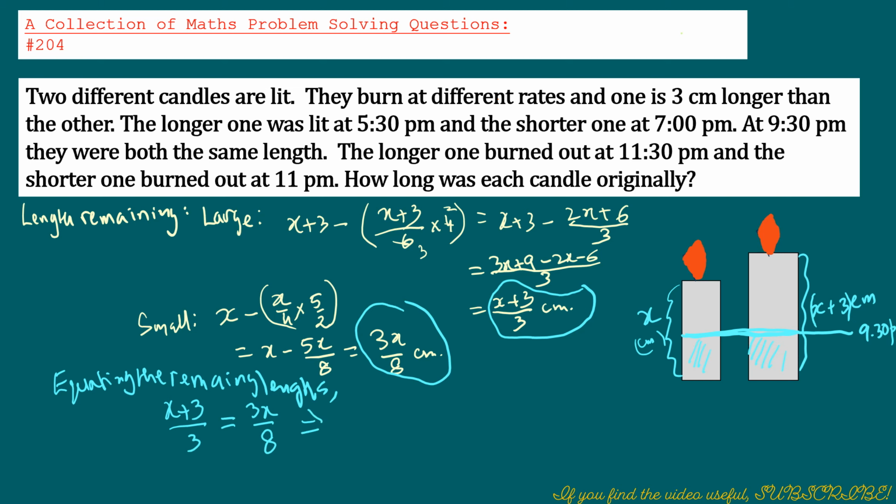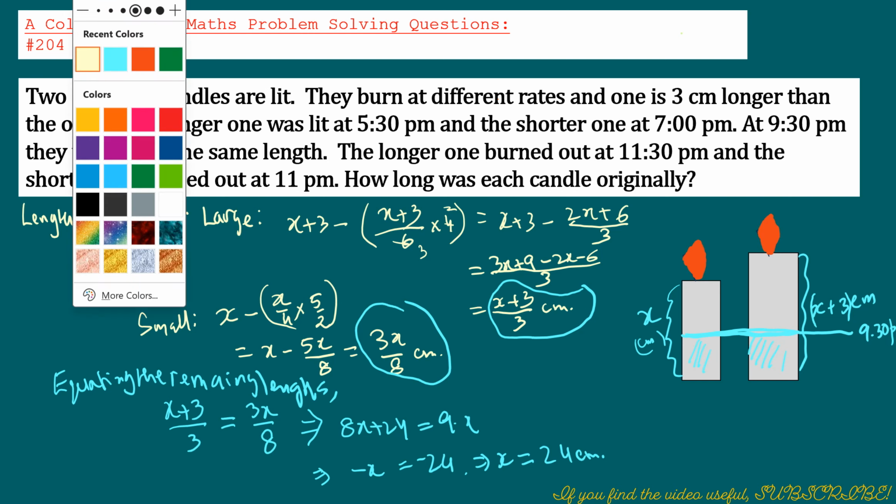Which implies 8x plus 24 equals 9x, or minus x equals minus 24, and that implies x equals 24 centimeters.